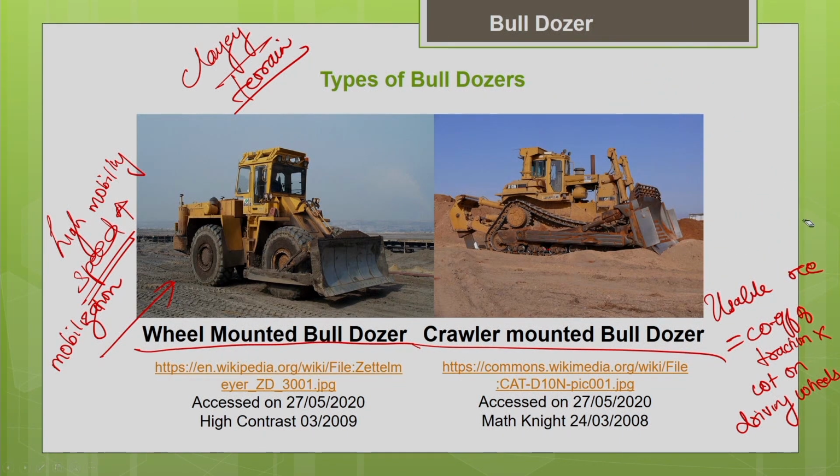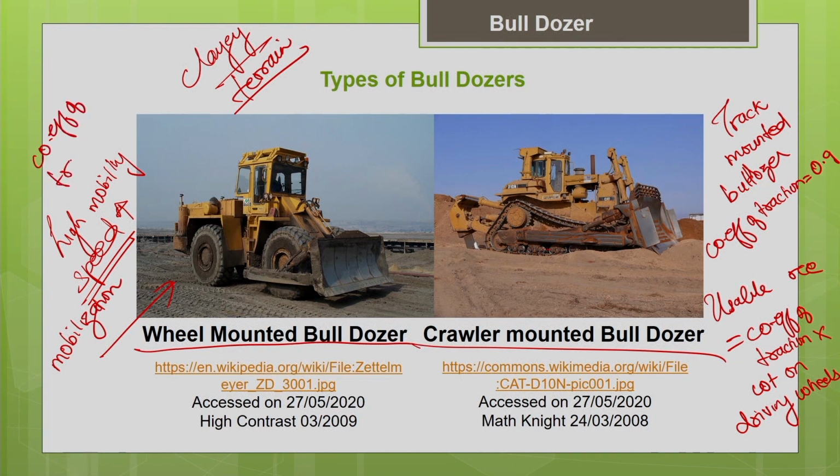When you consider your track mounted or crawler mounted bulldozer, here the coefficient of traction may be approximately 0.9 on a clayey terrain. So for the wheel mounted, the coefficient of traction may be only say 0.5.